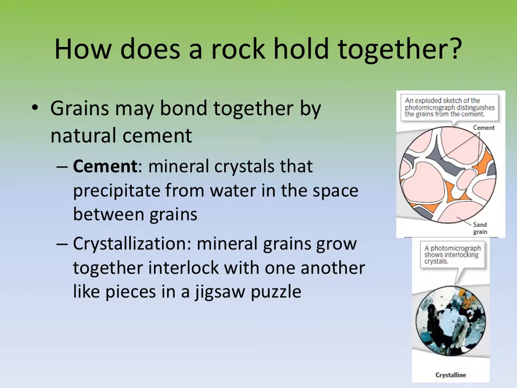Whereas the crystallization, this is where as the magma, the lava slowly cools, you form different crystals in there. And as you're going to see when we go through igneous rocks, there are a lot of different ways that crystallization can take place.